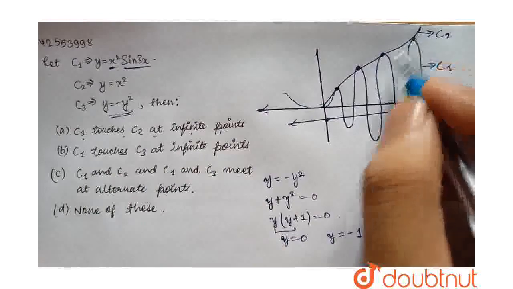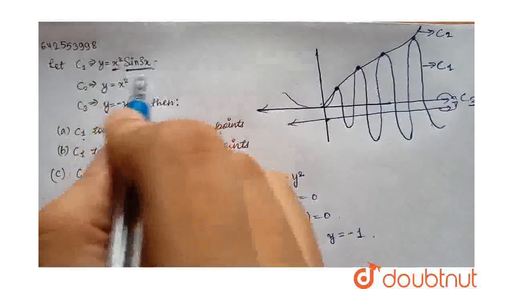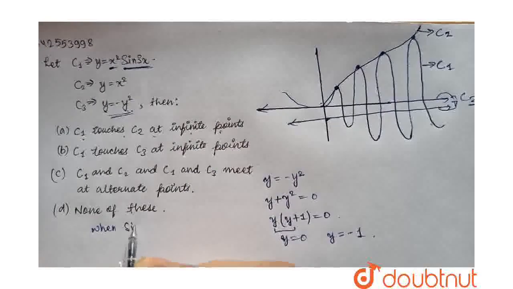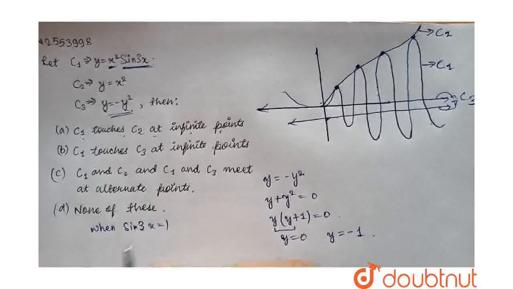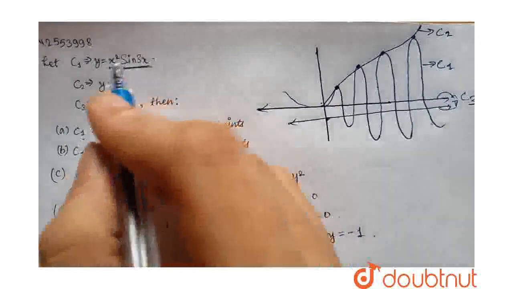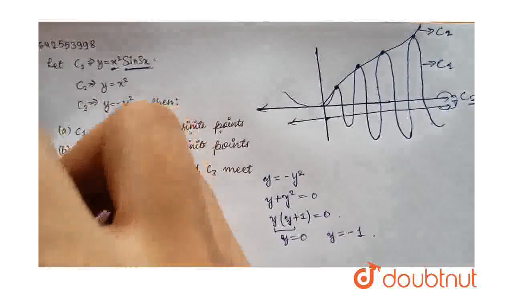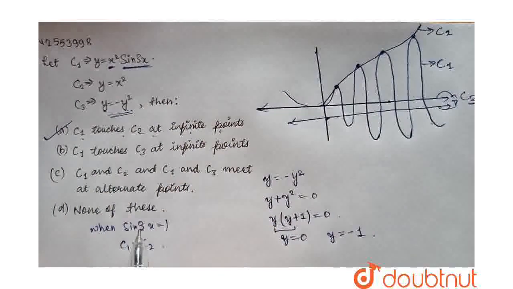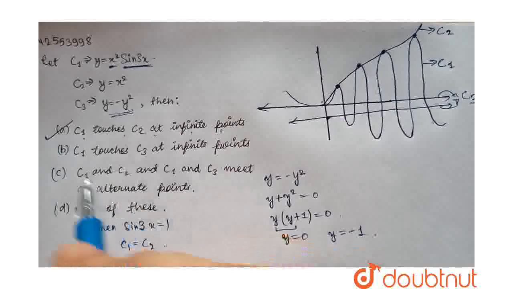Yes, whenever sine 3x is equal to 1, C1 is equal to C2 as they both become x square. So this option is correct as C1 and C2 touch each other at infinite points, as sine 3x attains the value one at infinite points.